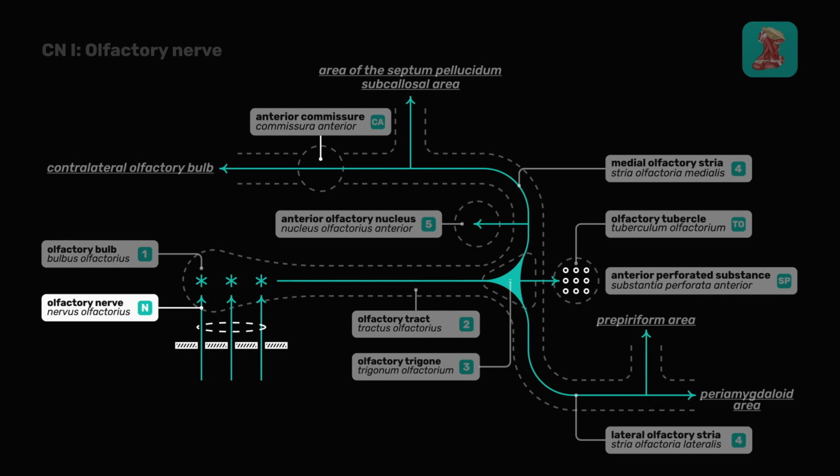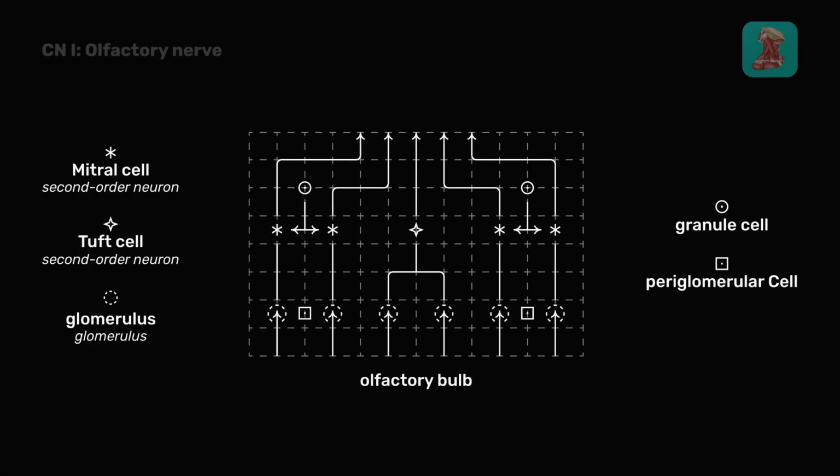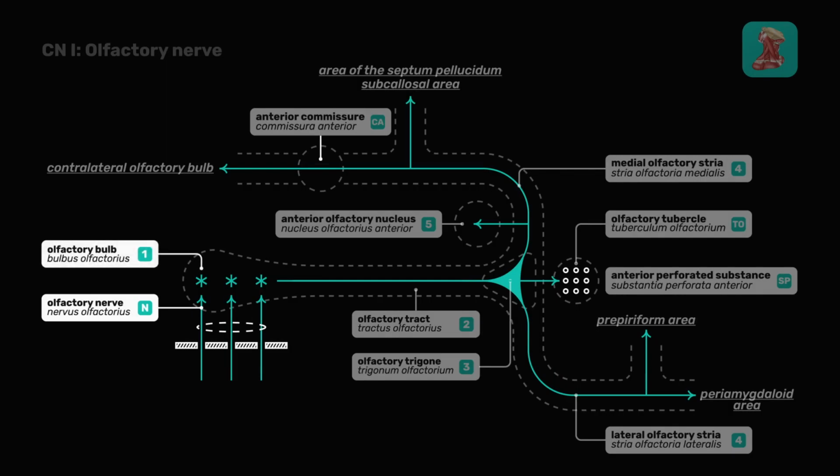All the other transmitting structures that we are going to discuss are no longer the nerve, but rather an extension of the brain, or an extension of the central nervous system. In the olfactory bulb, those axons synapse on second-order neurons, called mitral cells. The axons of mitral cells form the olfactory tract, which travels posteriorly in the olfactory groove to several areas.